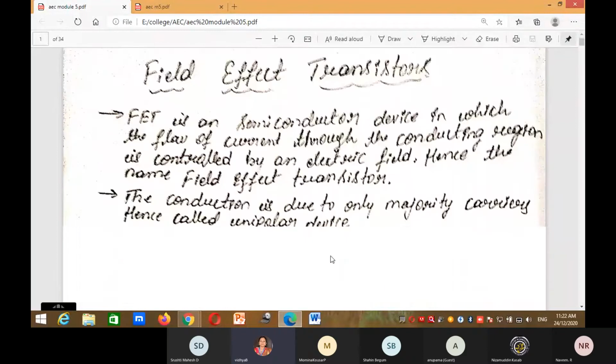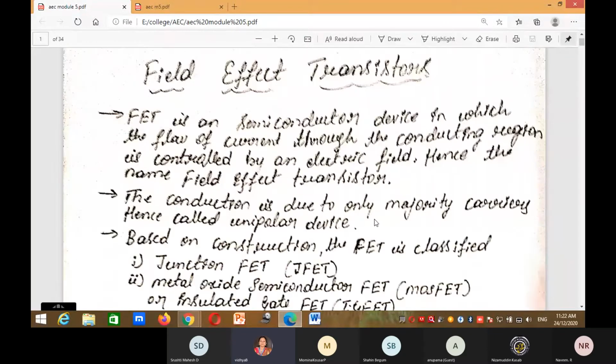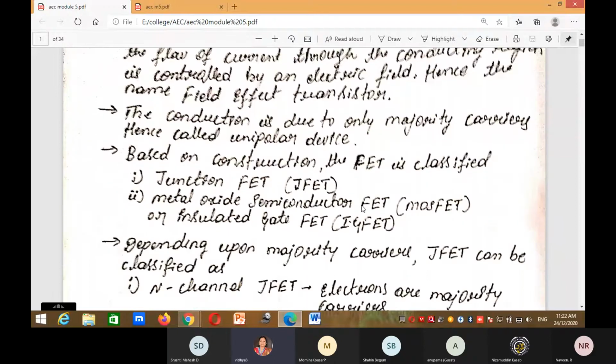The conduction is due to only majority carriers, hence it is called a unipolar device. Why do we call it a unipolar device? Because the conduction is due to only majority carriers. Based on the construction, the FET is classified into junction FET and metal oxide semiconductor FET, or we can say insulated gate FET.